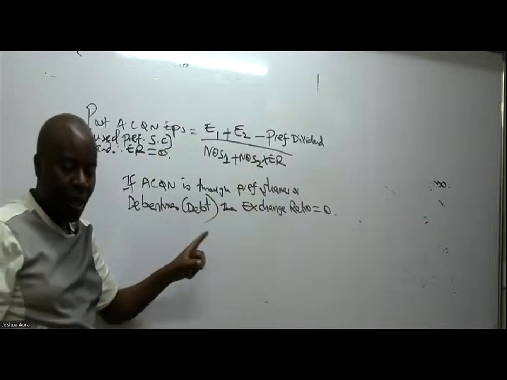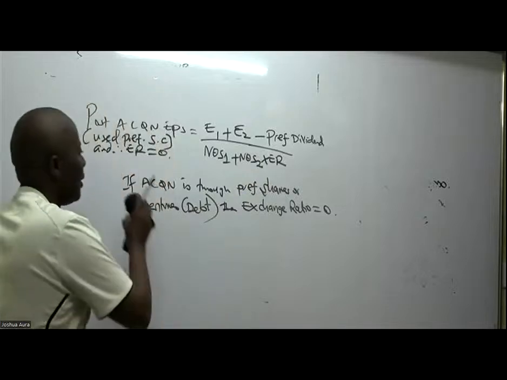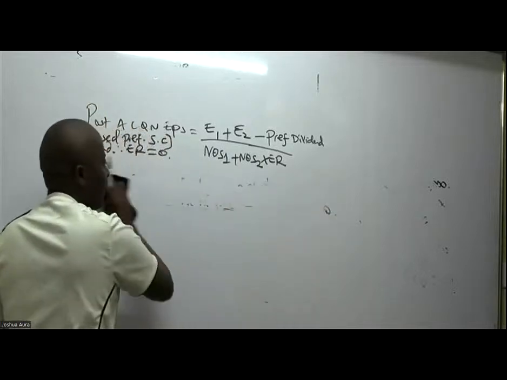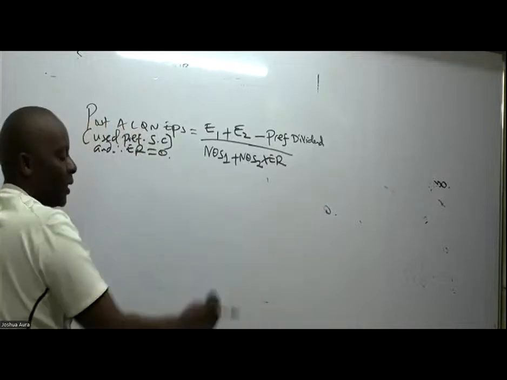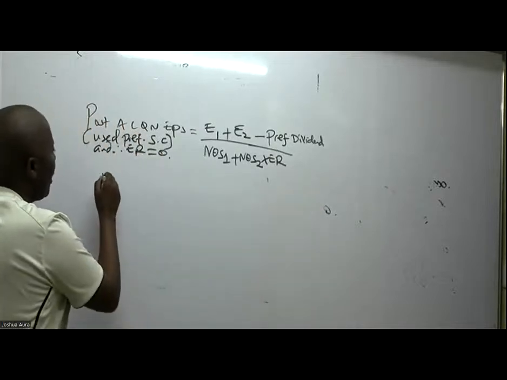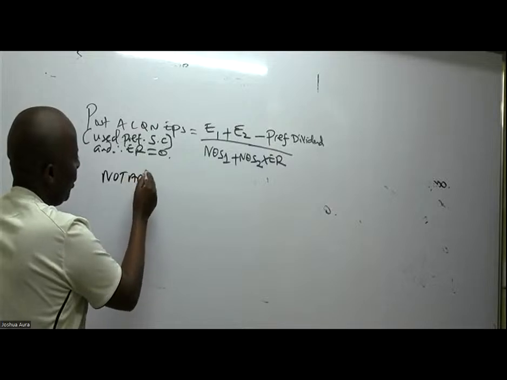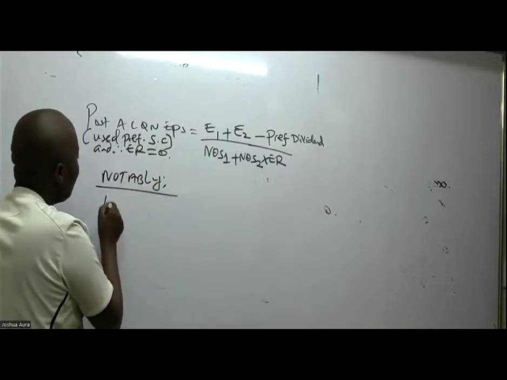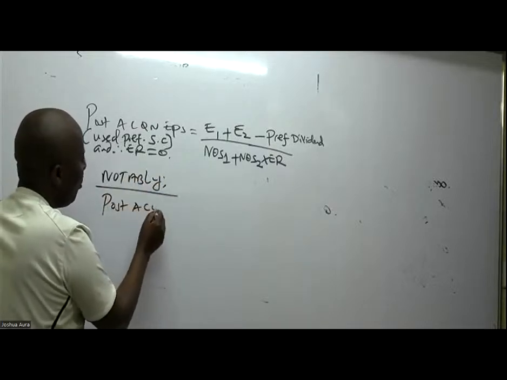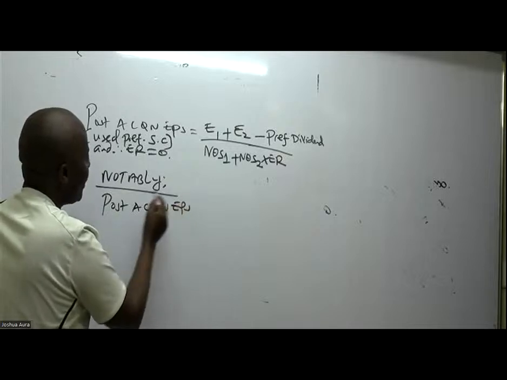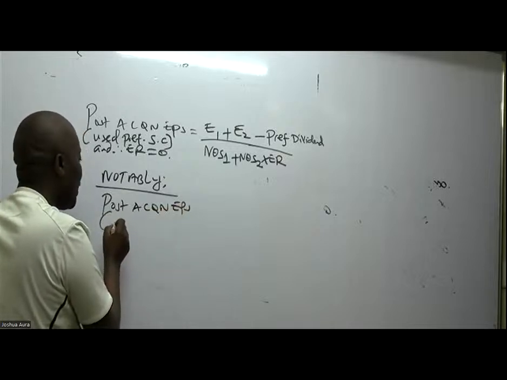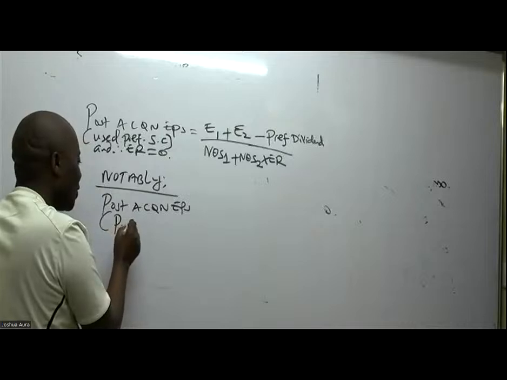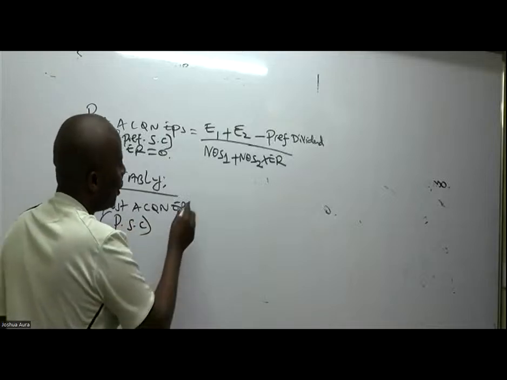And ladies and gentlemen, this is now very important. What we are saying there is that our post-acquisition EPS, where we are using preference share capital, will be looking like this.